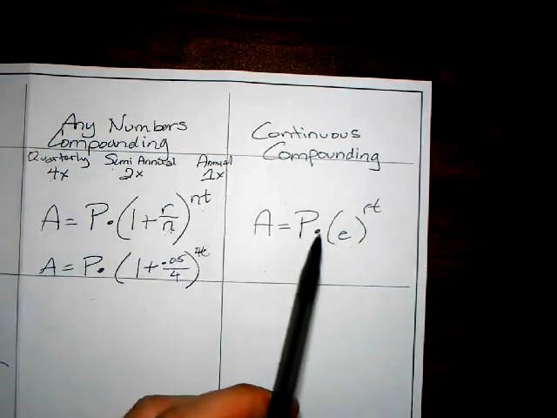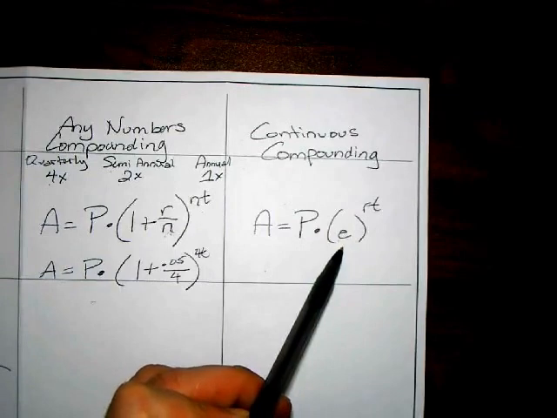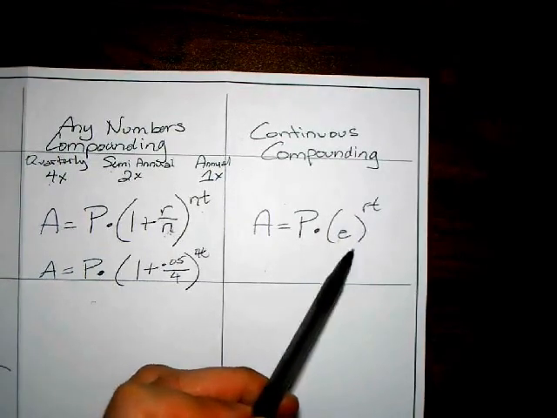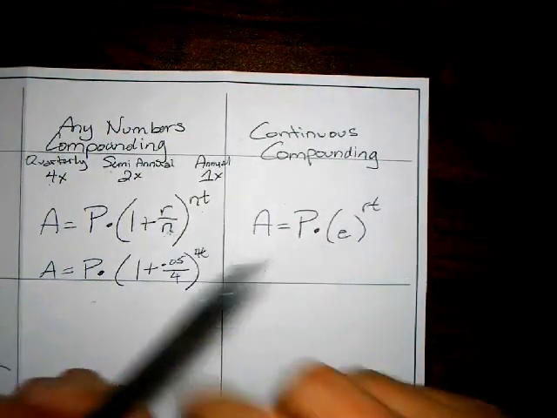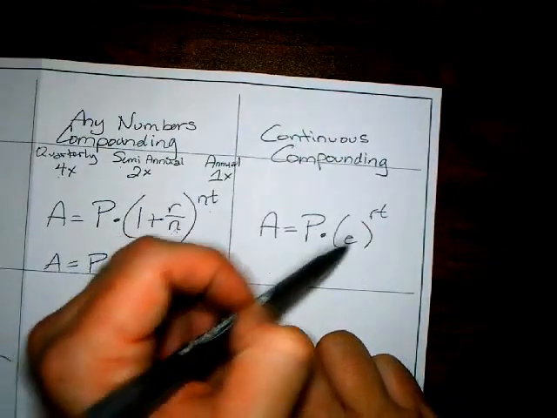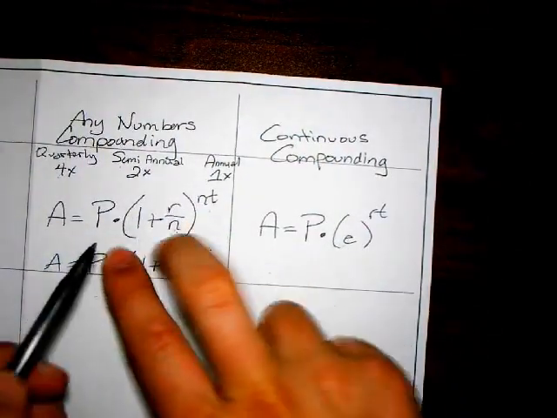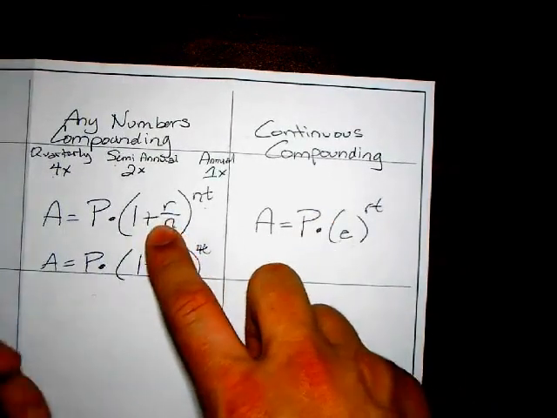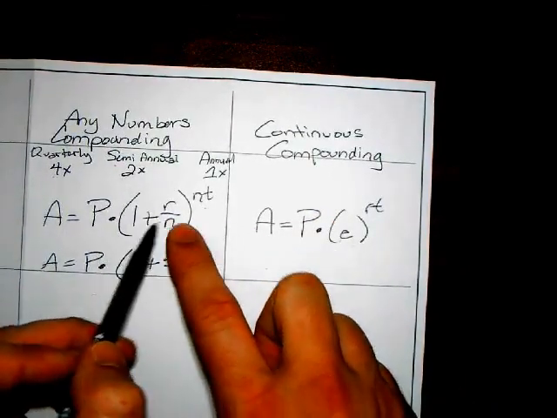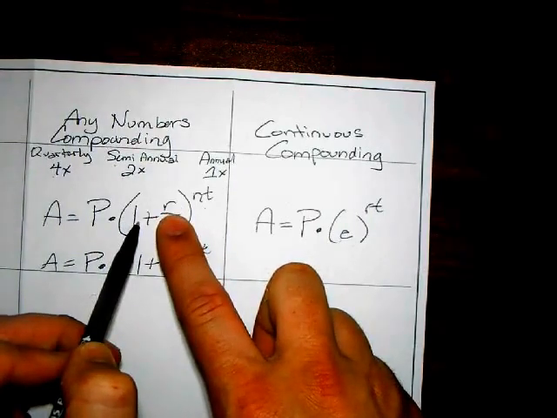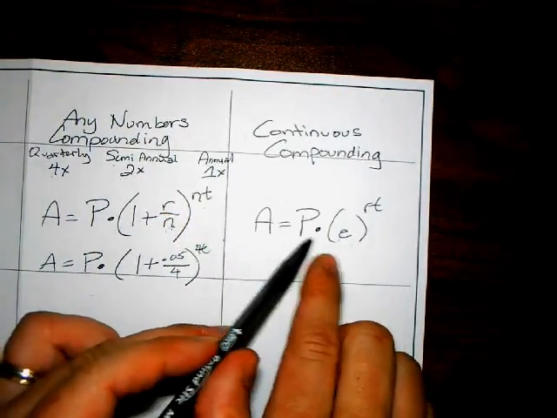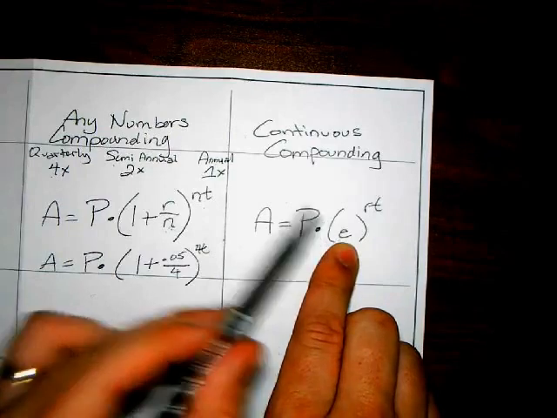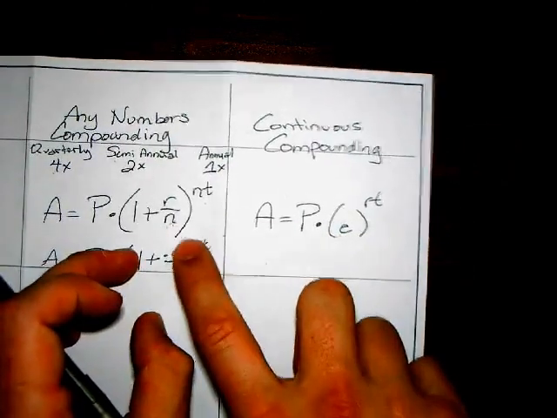Now this e is an actual letter on your calculator, and I'm going to show you where that comes from. This e actually comes from what's inside of this grouping. These are essentially the same. This is just a series, and throughout this unit, we're going to explore how we come from this 1 plus r over n, how it turns into e over time when we continuously compound it. That's what we're going to explore this unit.